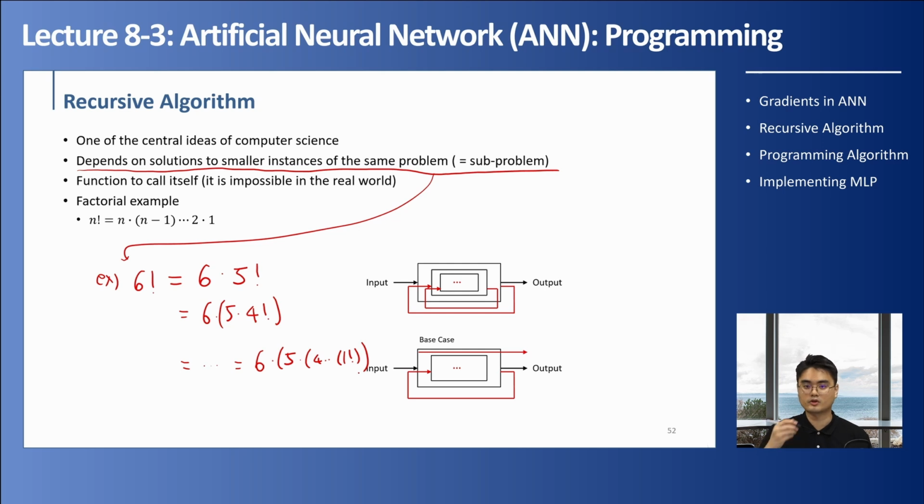So this is a recursive algorithm. We're doing this factorial function for the same problem, but a smaller instance. So what we need here is some function to call itself, which is actually impossible in the real world, but when we're doing programming, this is possible.